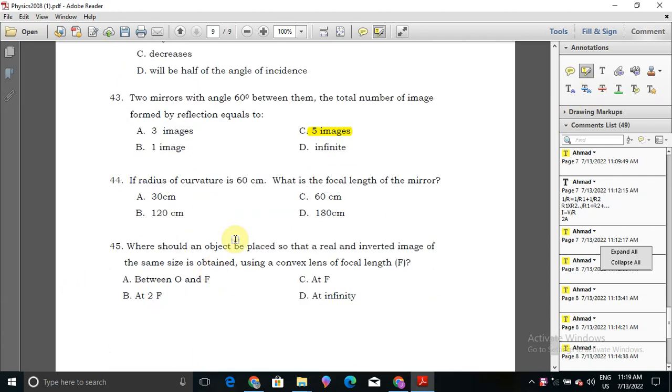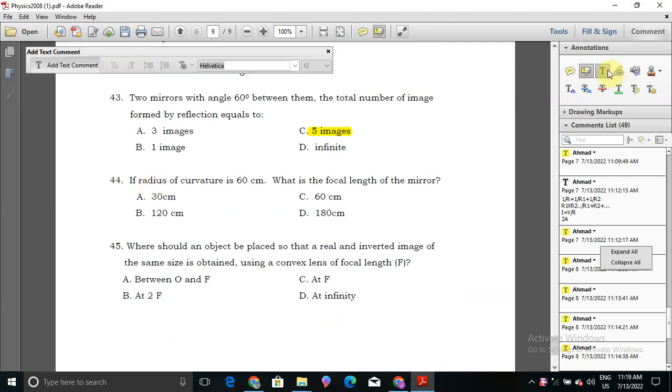Now question number 44, it says if the radius of curvature is 60 centimeter, what is the focal length of the mirror? We have 30 centimeter, 120 centimeter, 60 centimeter, or 100 centimeter. First of all, the formula here for focal length is F equals R over 2, right?